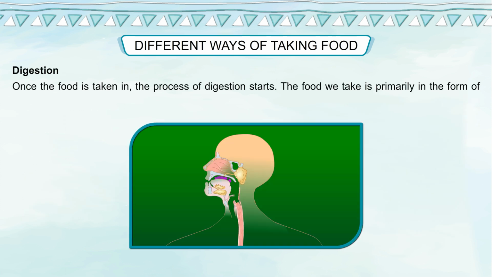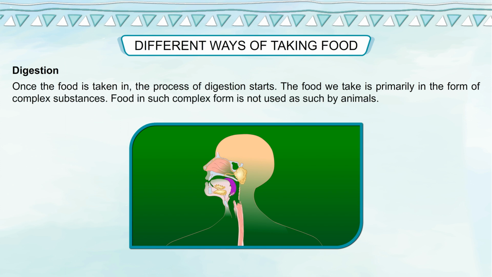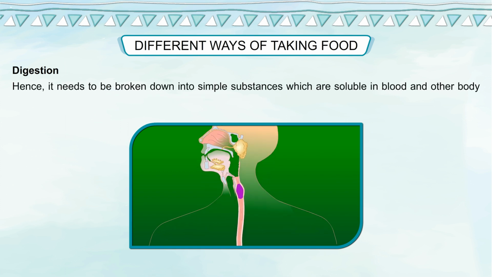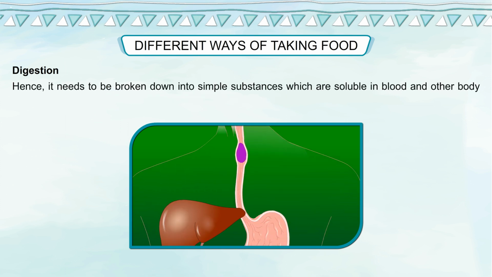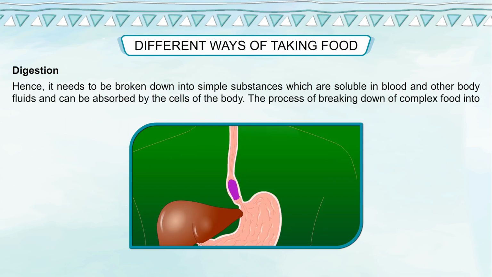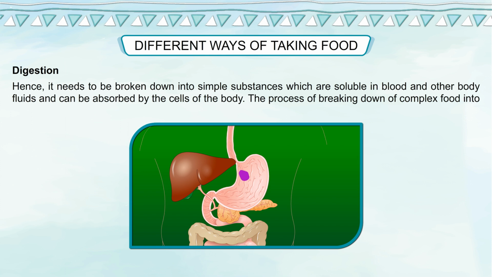Digestion. Once the food is taken in, the process of digestion starts. The food we take is primarily in the form of complex substances. Food in such complex form is not used as such by animals. Hence, it needs to be broken down into simple substances which are soluble in blood and other body fluids and can be absorbed by the cells of the body.